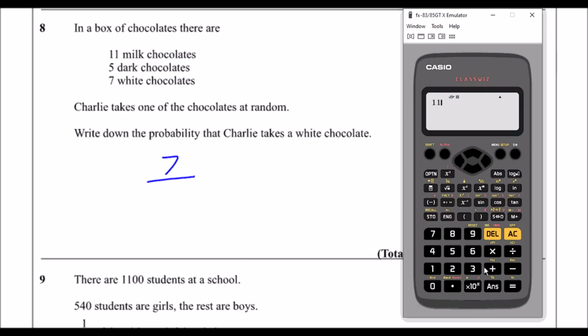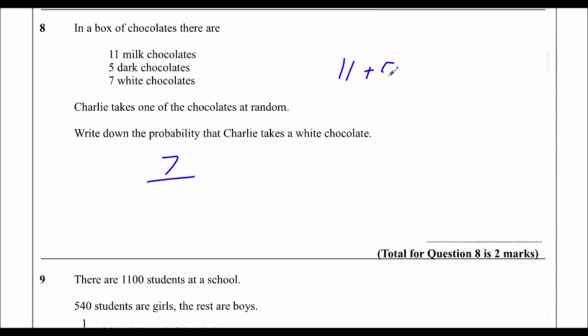Well, if we add up 11 and 5 and 7, that's 23 in total. So there are 7 white out of 23 in total. So it's 7 out of 23.